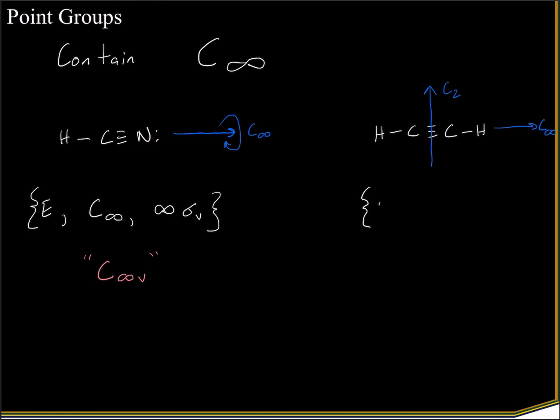If we're going to gather up all of our symmetry operations, it contains the identity, it contains our C infinity axis, it contains an infinite number of C2s, it actually contains an inversion center, it contains also an infinite number of our S infinity.